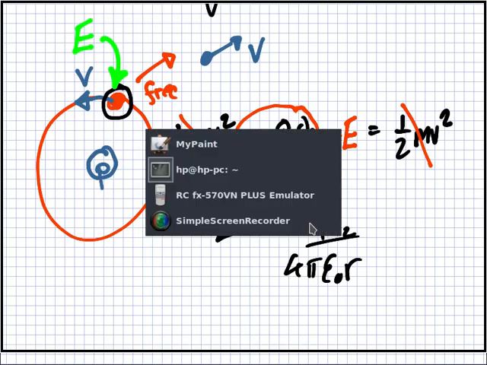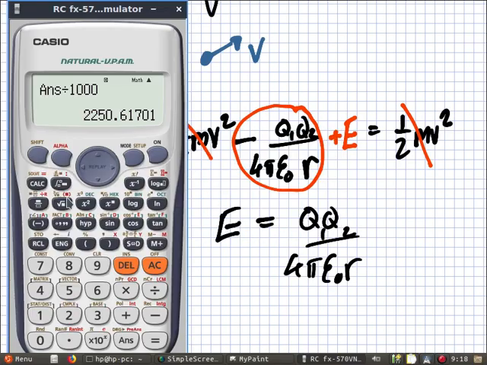Okay, let's type that in. Now, because that energy is so small, what would be an appropriate unit to use? Electron volts, yeah.